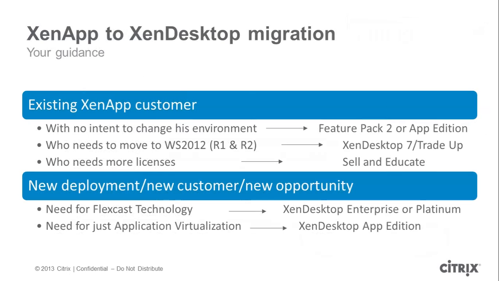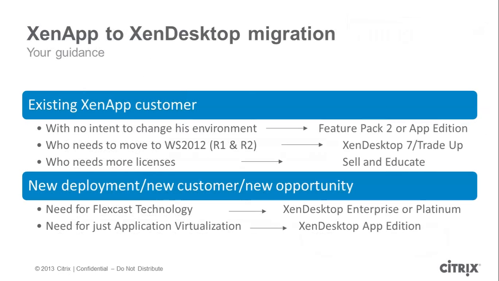So we're in this transition where we are bringing customers from the XenApp platform to the XenDesktop platform. And of course, if they have XenApp Enterprise or Platinum licenses, they're going to be able to just consume those licenses in the new platform, getting the same features that they had before.